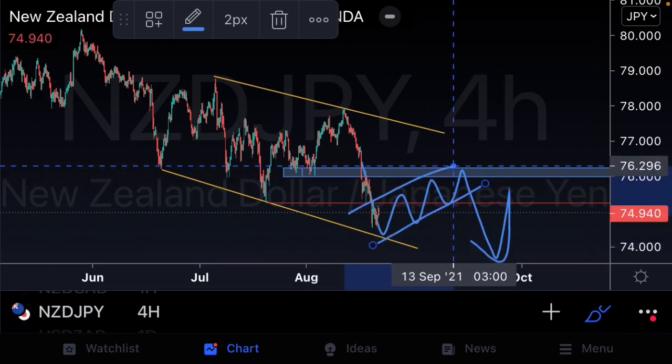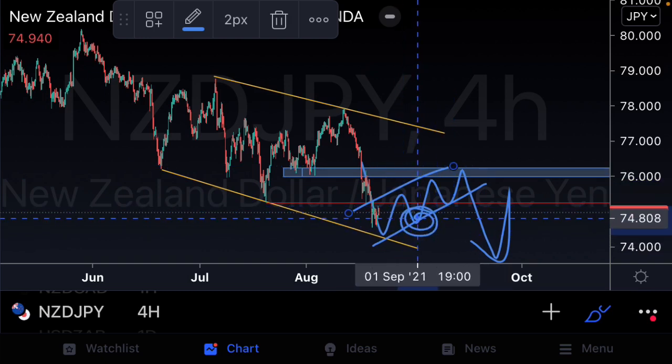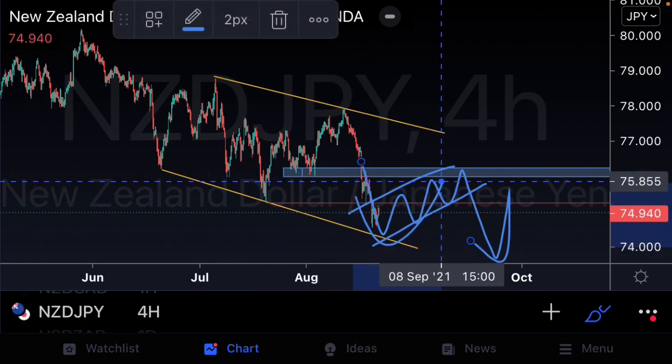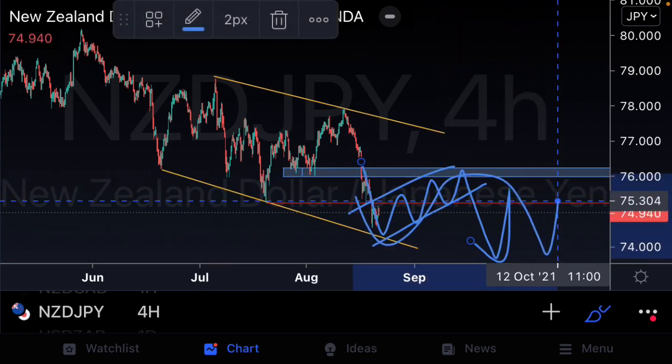So this is our long-term bias, guys, but we're also going to be looking to buy off any support structures that give us a nice beautiful entry, any entry that will allow us to fit a nice risk to reward ratio of 1:3 and gives us a beautiful structure that we can objectively identify on our chart will be a good setup. So that's kind of what I'm looking for here on New Zealand dollar JPY, guys. Short-term bullish bias into a long-term bearish bias.